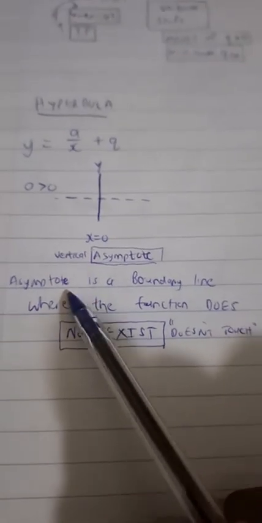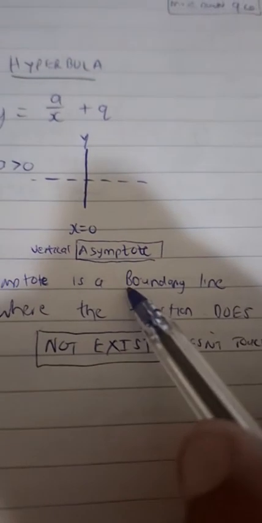That's what an asymptote is. An asymptote is a boundary line.